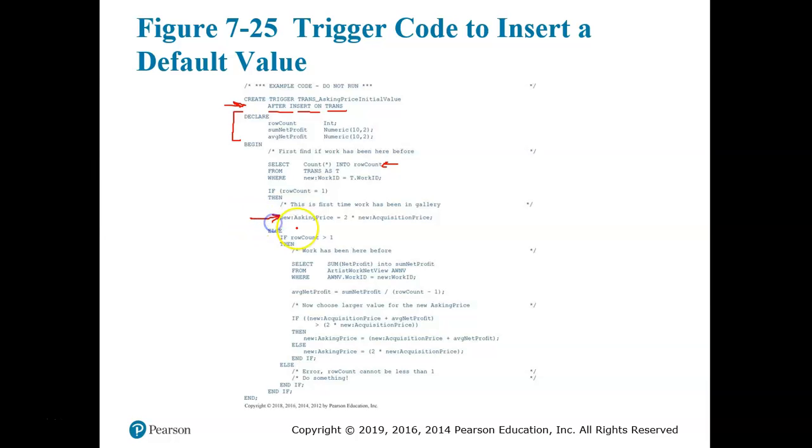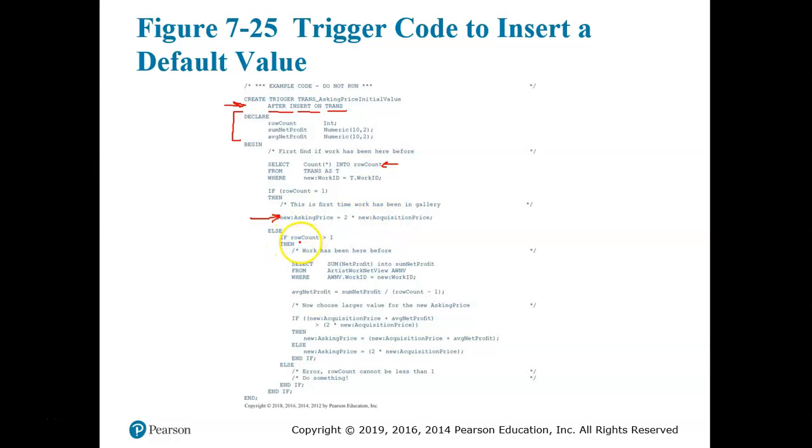In this case we will insert a default value, the new asking price. This is actually a business rule. If it is the first time we have this work, then the asking price is equal to 2 multiplied by the acquisition price.